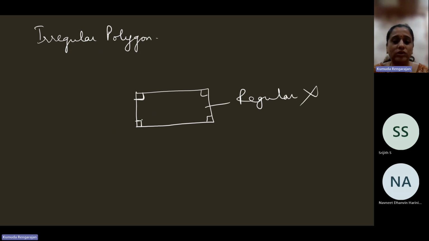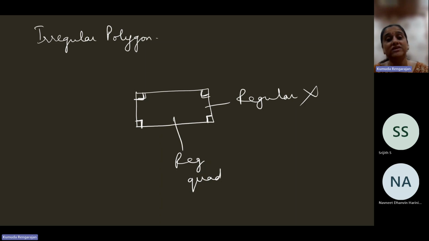Because all the angles are equal in a rectangle, you cannot call a rectangle a regular quadrilateral, because both the conditions must be satisfied. All sides must be equal. All angles also must be equal. Both the conditions must be satisfied. So in a rectangle, all angles are equal.